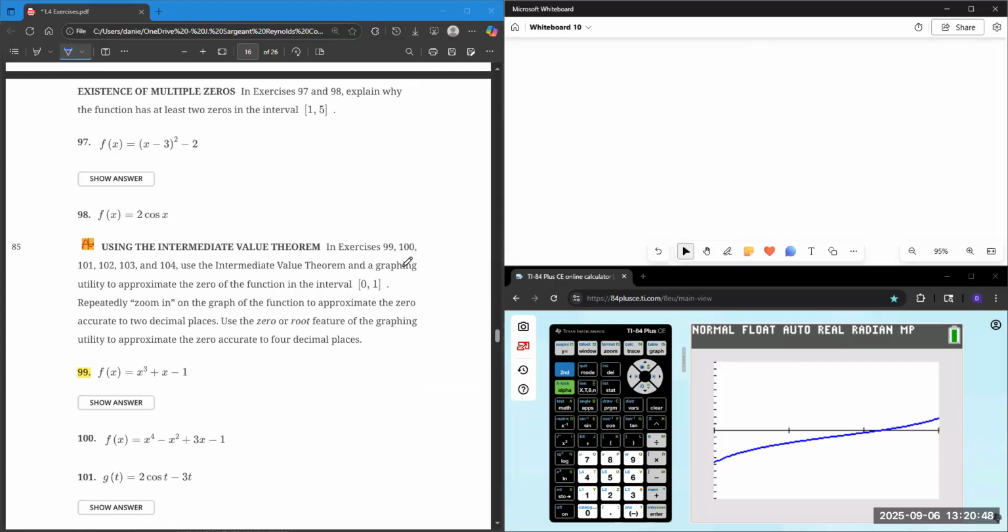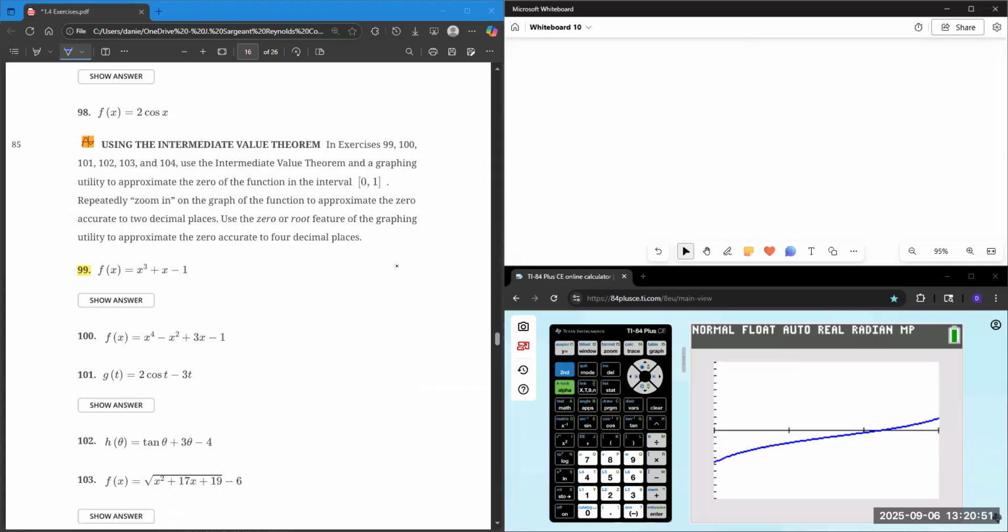Number 99 is our last problem here, using the intermediate value theorem and a graphing utility like our graphing calculator to approximate the 0 of the function on the interval 0 to 1. So they want us to repeatedly zoom in on the function to approximate it to 2 decimal places. There's actually a feature on the calculator we'll use to approximate it. So f of x is equal to x cubed plus x minus 1.